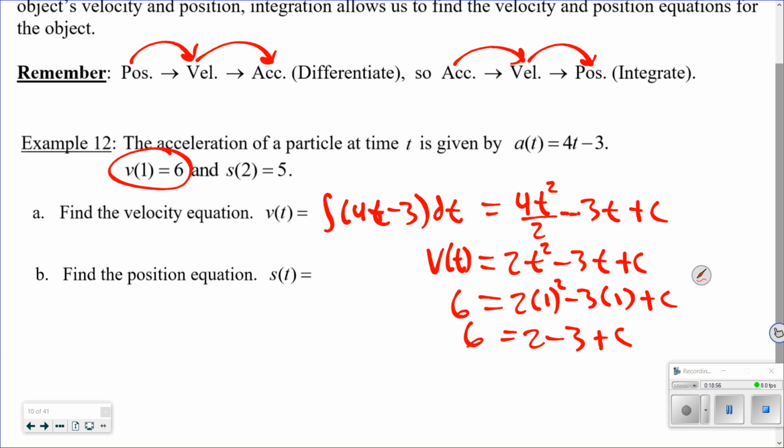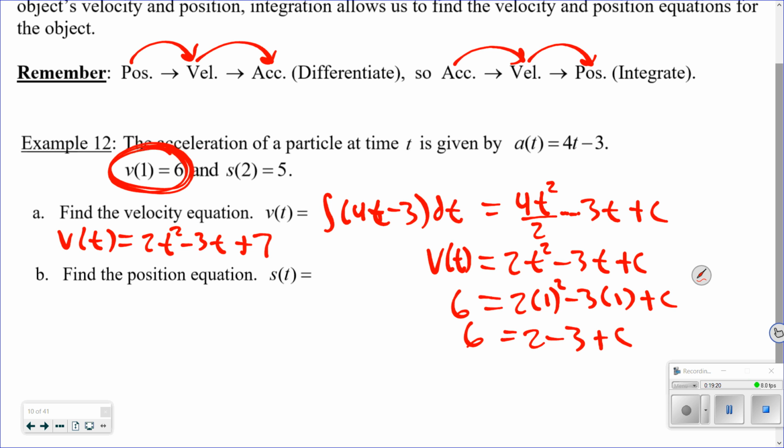So I could minus the 2 over and add the 3 over. You end up with 7. So if I come back up here, my velocity function, I'm going to put it up here, is equal to 2t squared minus 3t plus 7. I find out what c is equal to. So because of that initial condition, like we just talked about, I can actually solve for c.